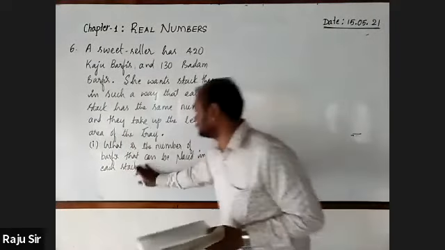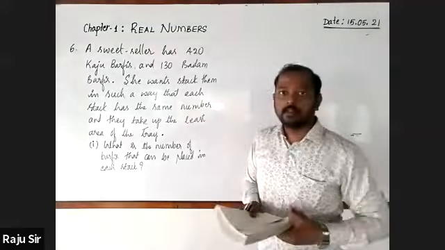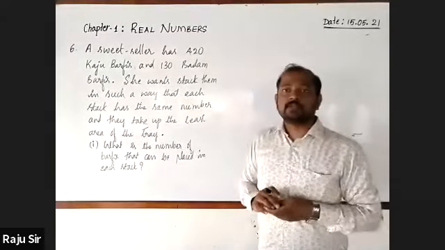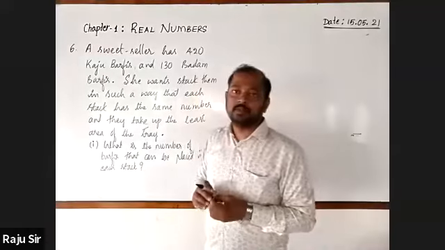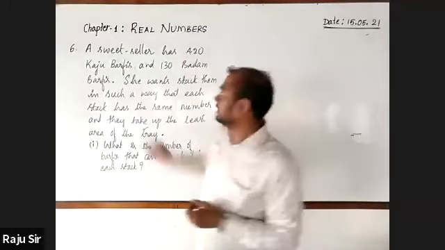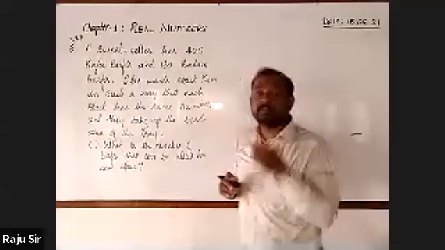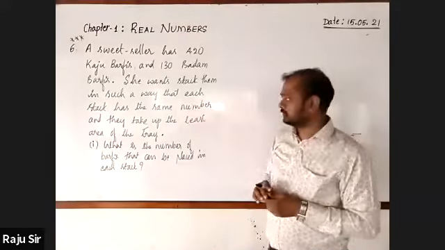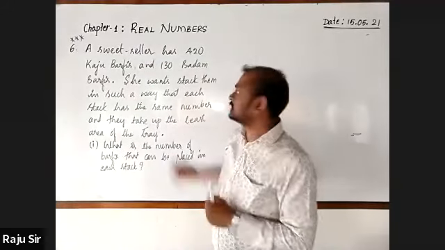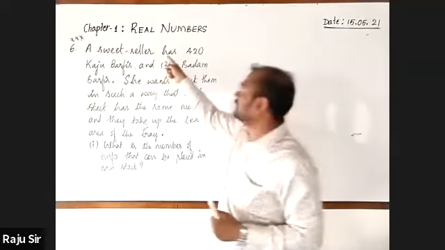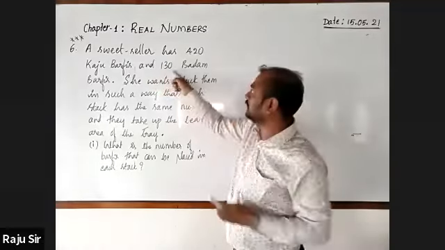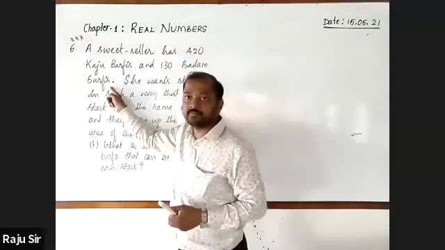And students, this statement was given in the examination as well, so just put a 3 star mark. But there was one additional sub question. I'll tell you what that is. The given statement is: a sweet seller has 420 kaju burfis and 130 badam burfis.